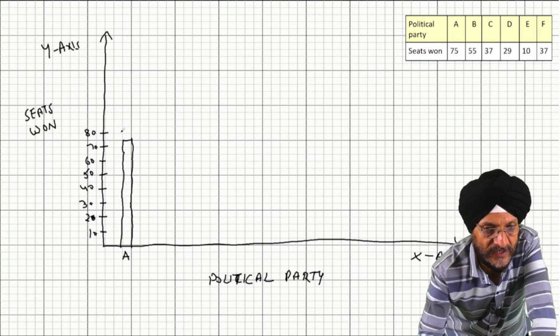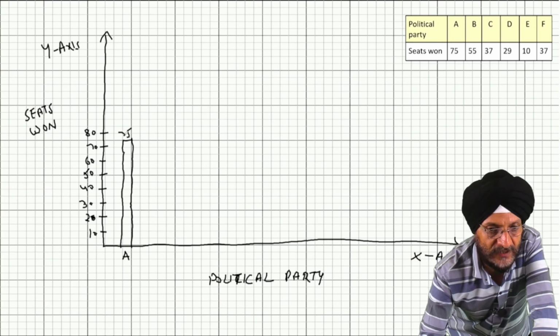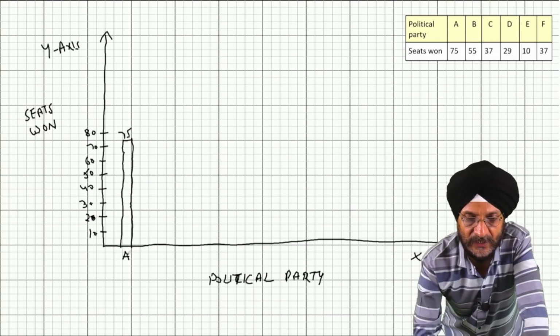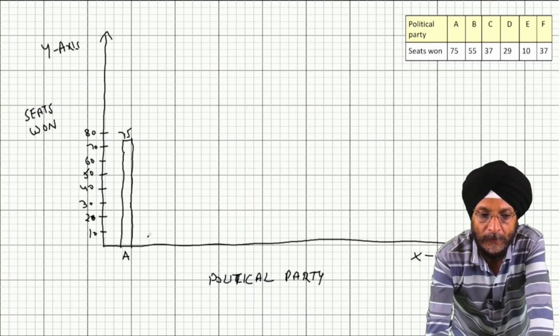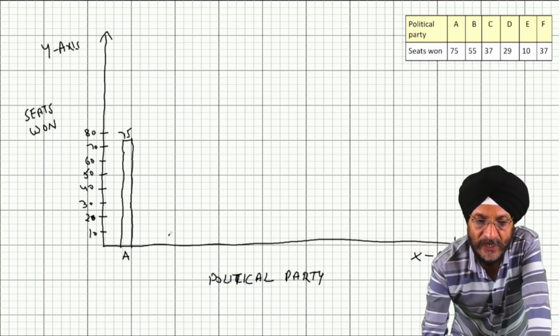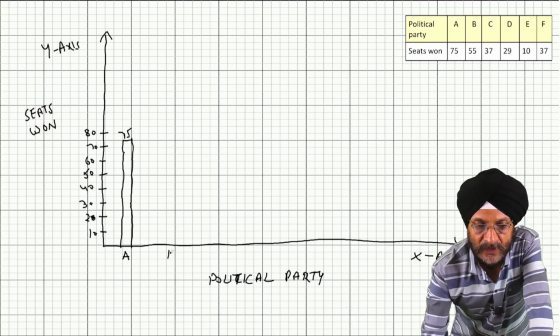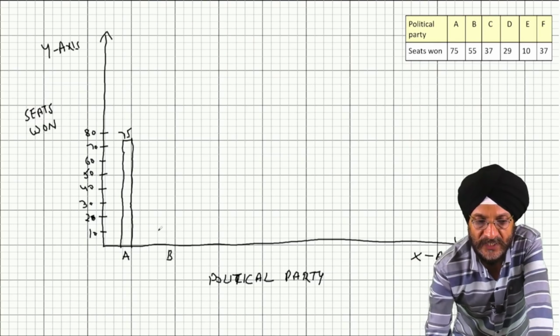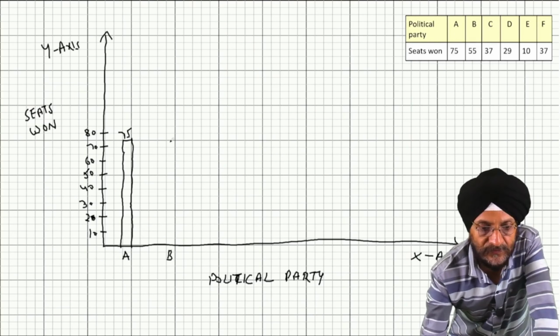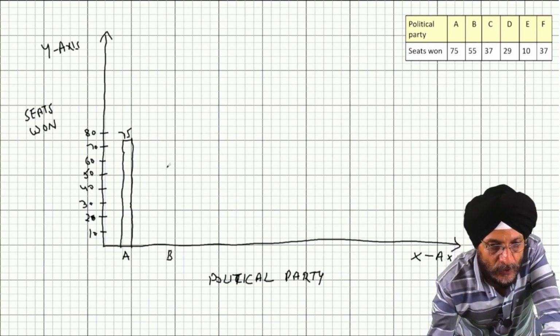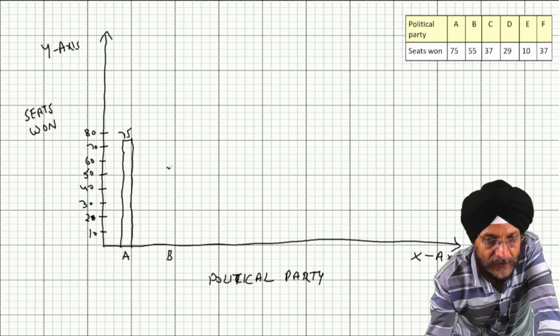So the number of seats won by political party A is 75. Now next is B. Please note that when we are drawing bars, there should be equal distance between one bar and another bar. So here the value is 55.